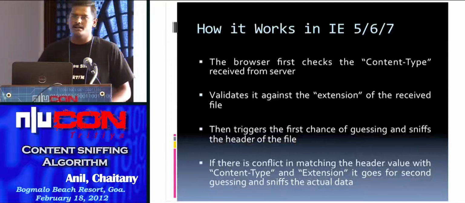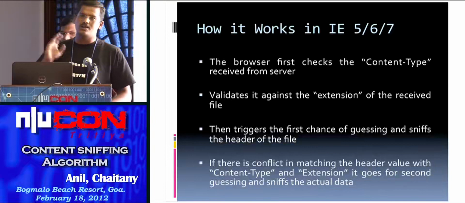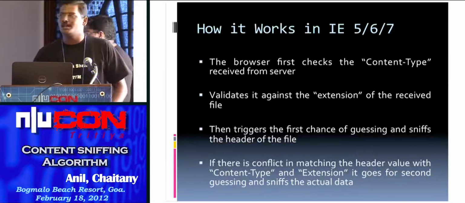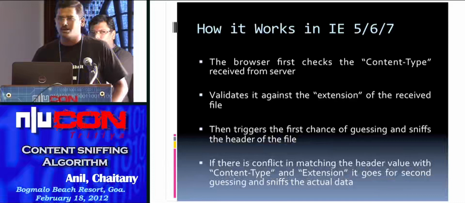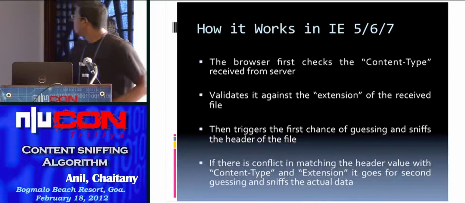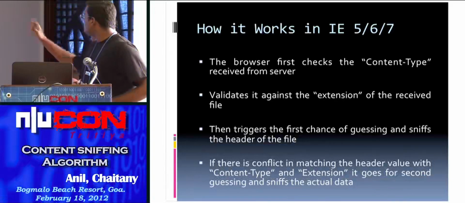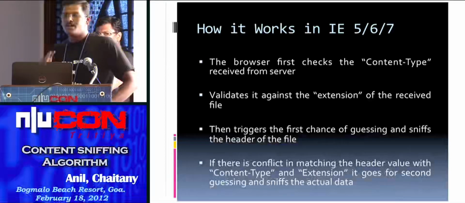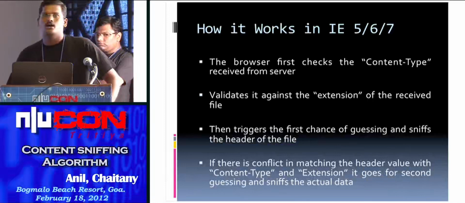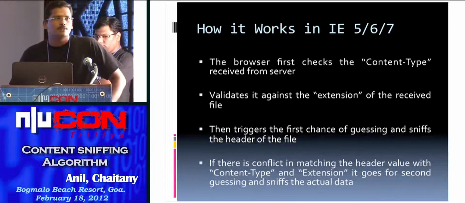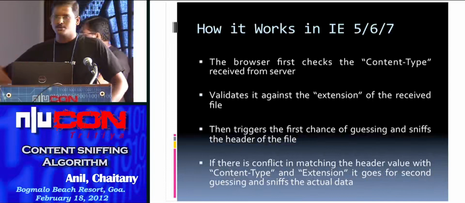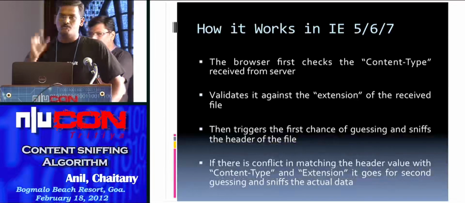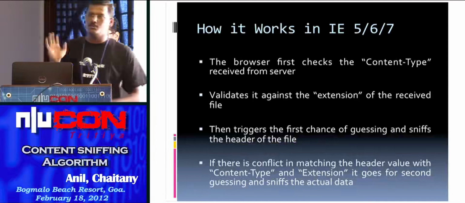So the browser will understand that this is a document file, and it should open it with a document-handling application, like MS Word. What we are doing here is this: the browser receives a content type, let's say image/JPG, and it validates it against the extension received with the URL.